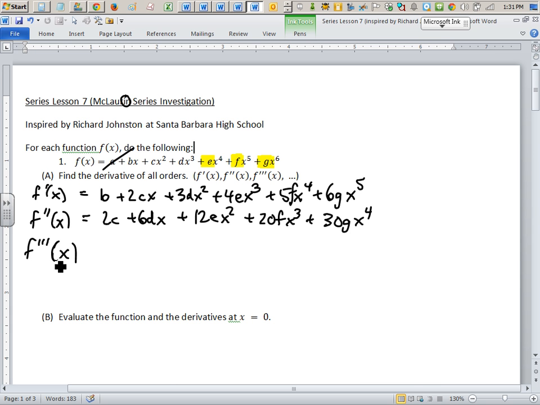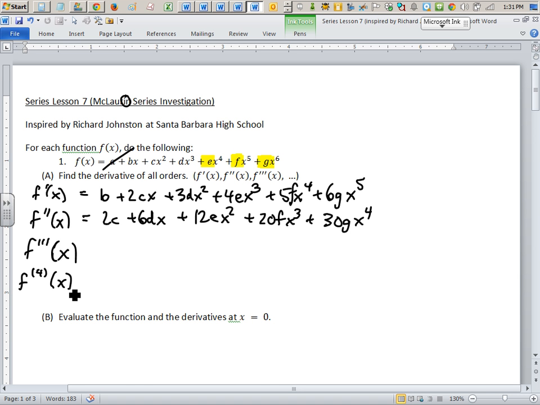For the third derivative, we use triple prime. Does anyone know what we use for the fourth derivative? d4f over dx to the fourth. You can write d to the fourth f over dx to the fourth, or you can just write a little 4 in parentheses here. The parentheses means it's not a power, it's a derivative.